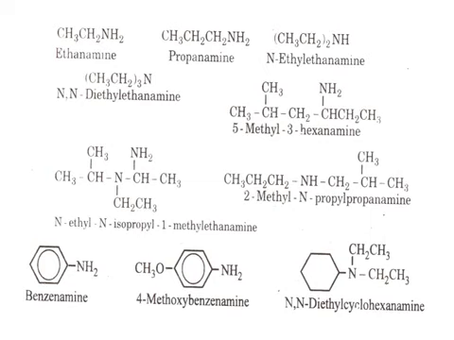Now we shall move towards example number 6. In this case again the numbering will start from the right hand side, because if we start from the right hand side, then the amino group will obtain position 2.